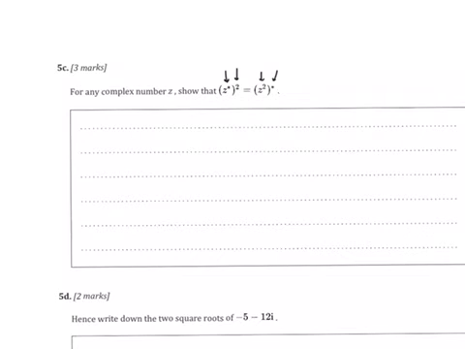I'm going to go ahead and do the first method, so method 1, which is if z star, that's z star, squared is equal to x minus iy squared, and if I were to expand that, I would get x squared minus 2ixy minus y squared.